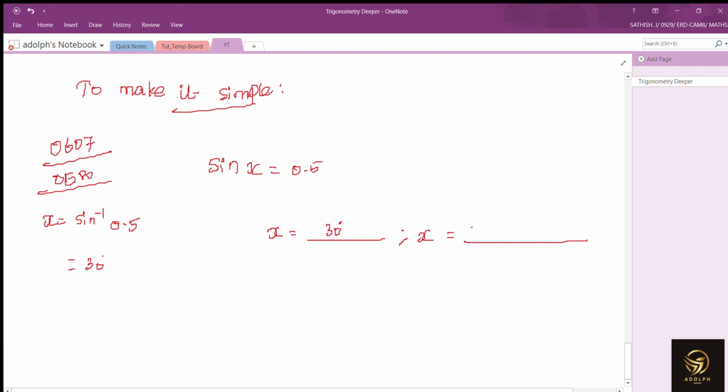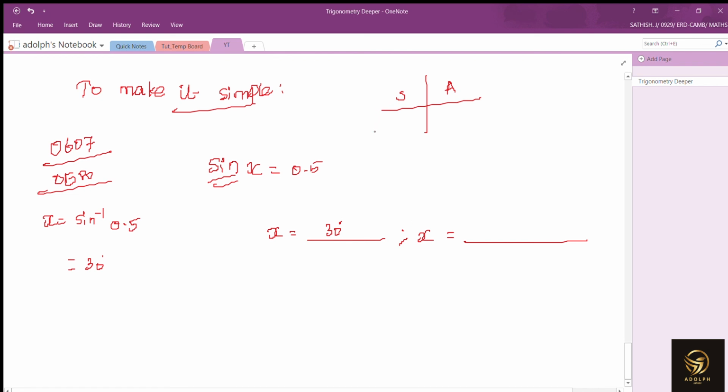For the second answer, what do you have to do? It is simple. Just check what ratio it is and where it is positive. It is sine, and it is positive in the first and second quadrants. We got the first quadrant value, that is 30 degrees, then the other value is in the second quadrant. So for the second quadrant, how do we write it?